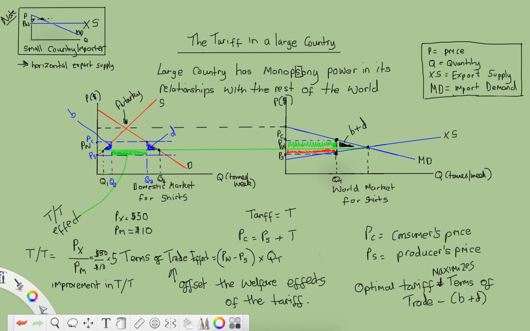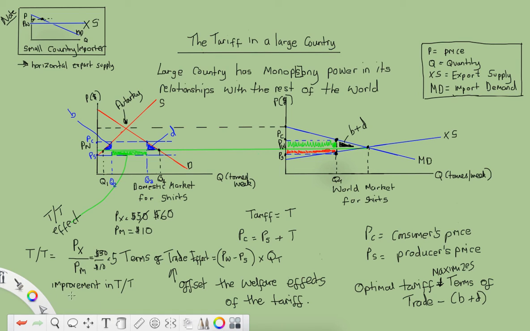For example, if this went up to $60, maybe you're an oil exporter and the price of oil goes up, then you would say, well, now in exchange for one of our export goods, maybe a barrel of oil, we can have 6 of the import goods. So now our terms of trade have improved.